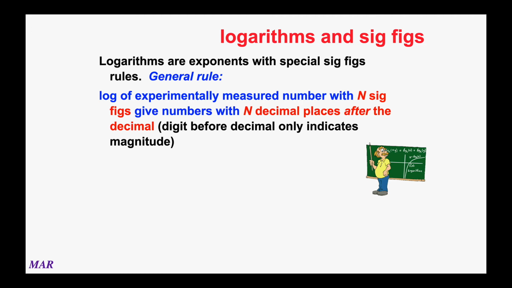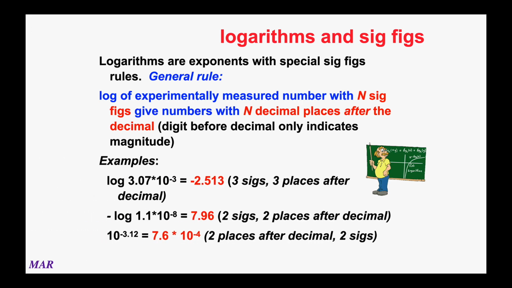That's what it means when it says n decimal places after the decimal. So if you have 2 sig figs, you would have something point something something, and the somethings after the dot would show you the number of sig figs. Now if that's as clear as mud, I apologize. Let's look at some examples.